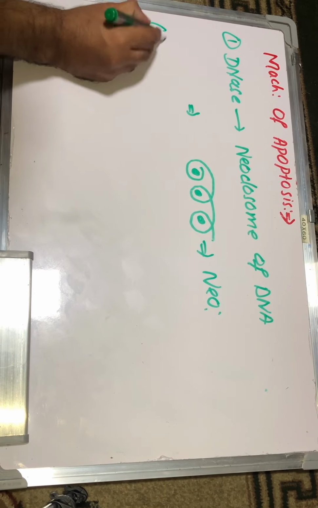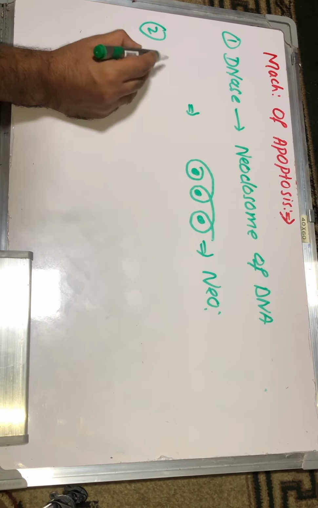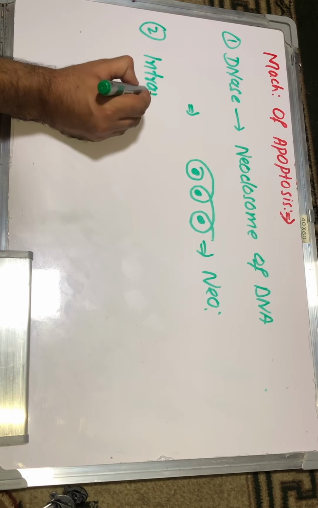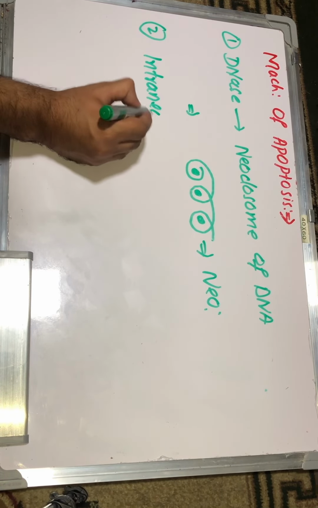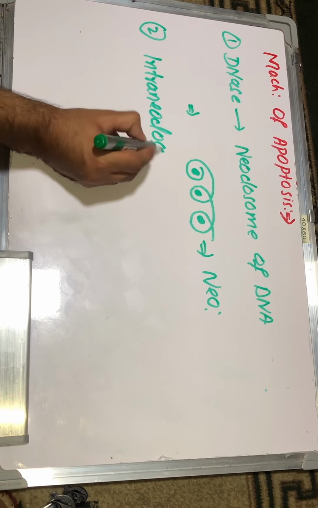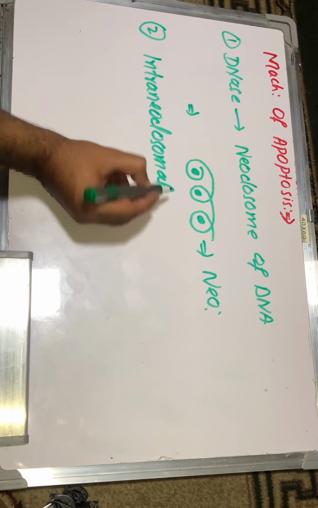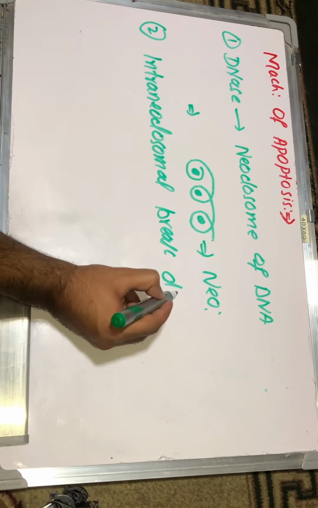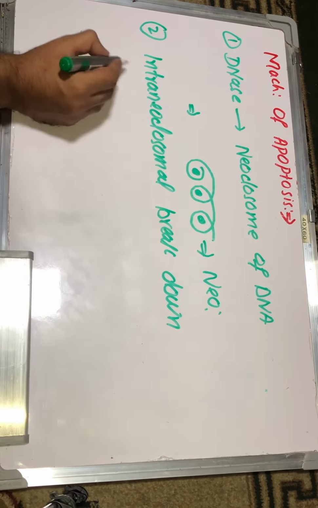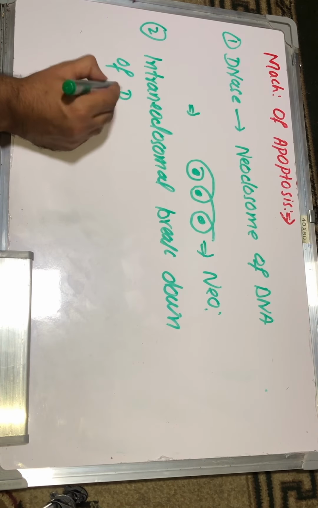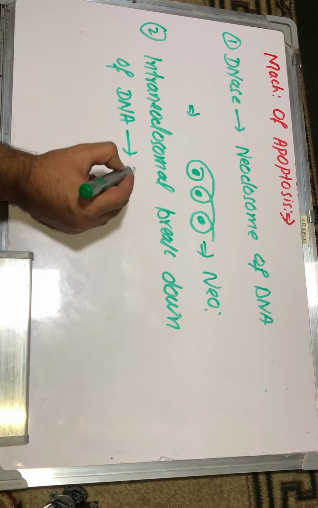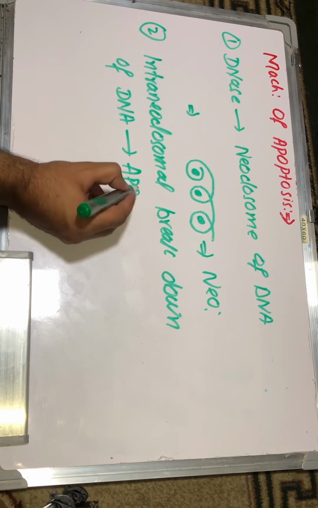Number second, intranucleosomal breakdown of DNA is the feature of apoptosis.